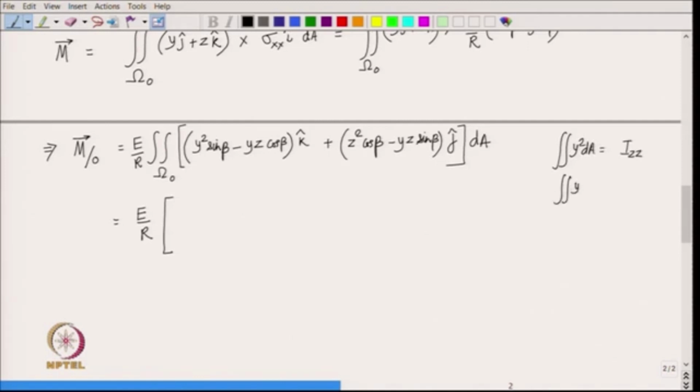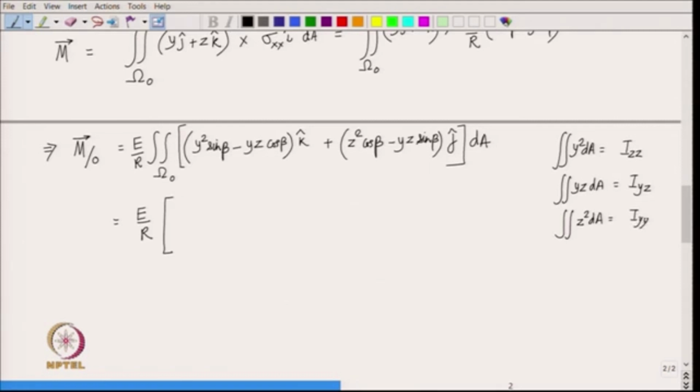The integration of yz dA is the mixed moment of area, and this is I yz, whereas the integration of z square dA is I yy, the second moment of area about the y axis.